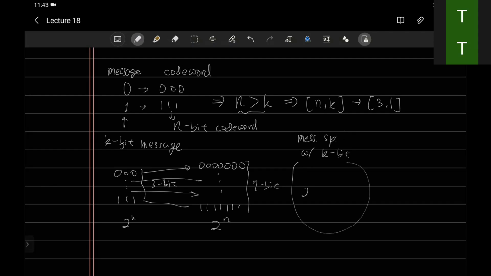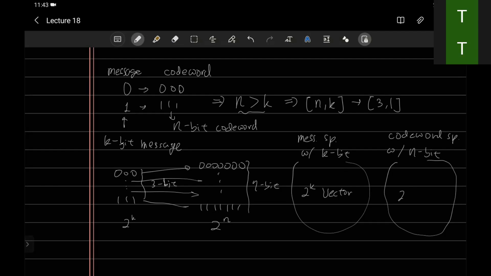Then inside there will be 2 to the k vectors, and each vector will be mapped to a much larger code word space. So there will be a code word space, sorry for the poor handwriting, and this one will have the n-bit code word.